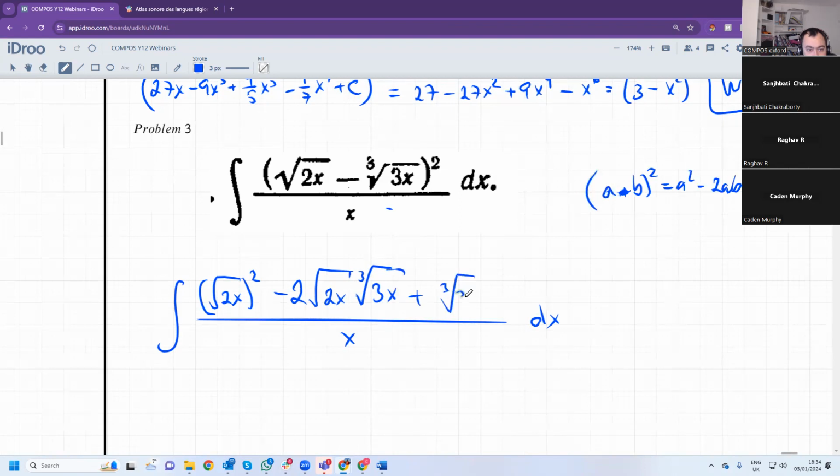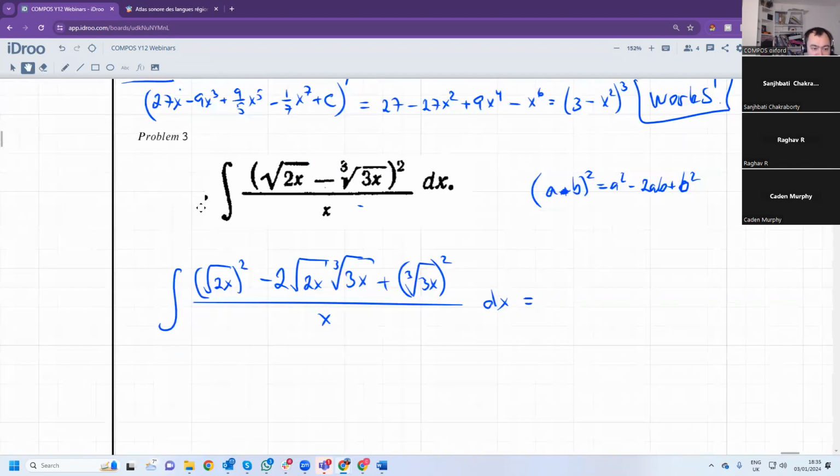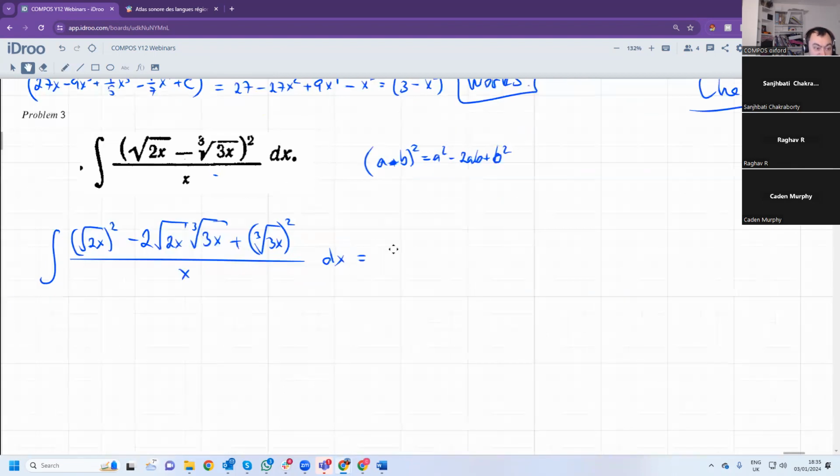cube root of 3x squared. It doesn't look pretty, you just need to simplify it. The square root of 2x squared is actually just 2x. Very simple. Now this one: I'm going to separate the numbers from the x's.